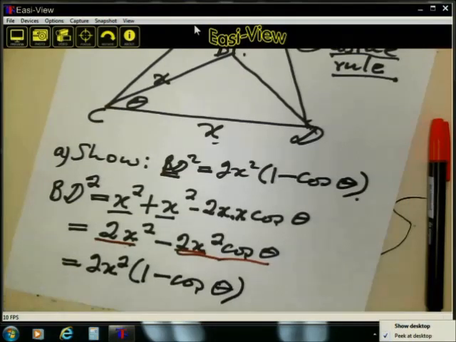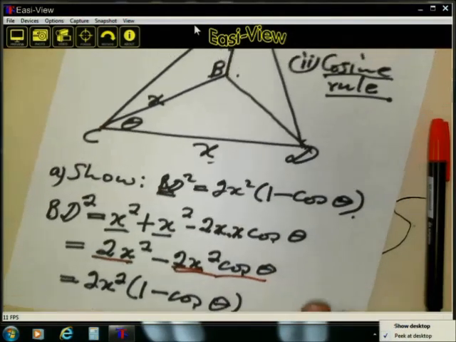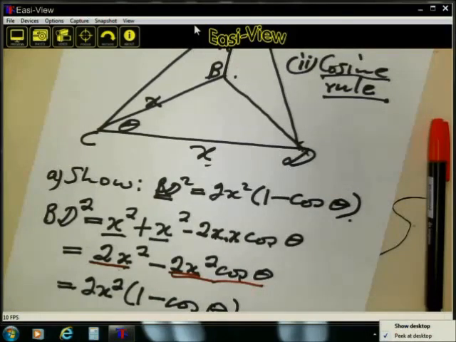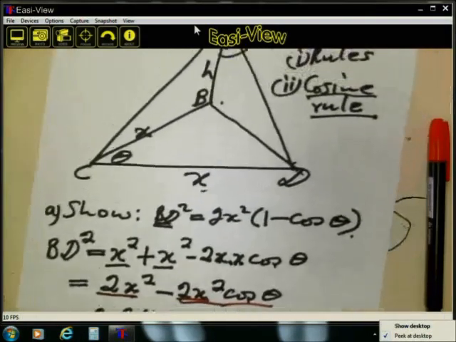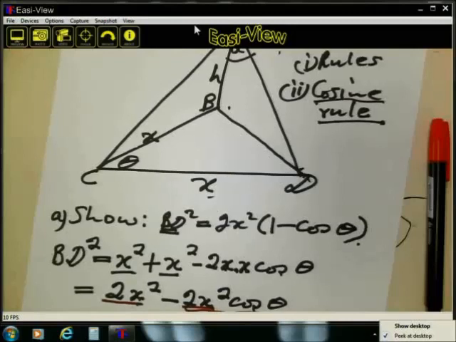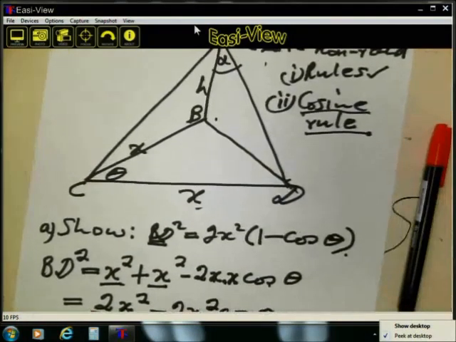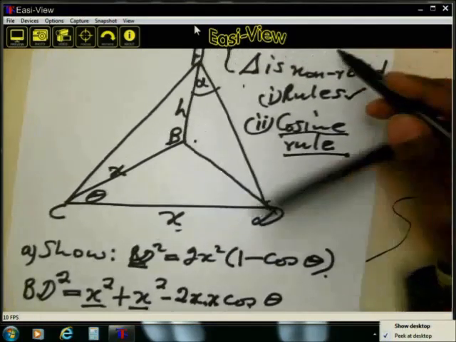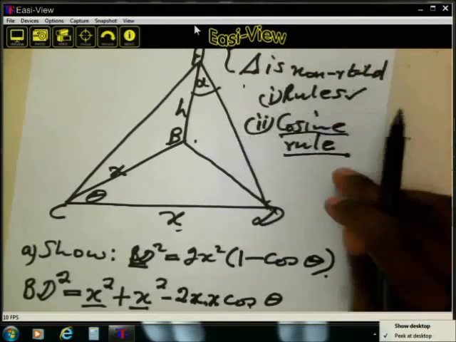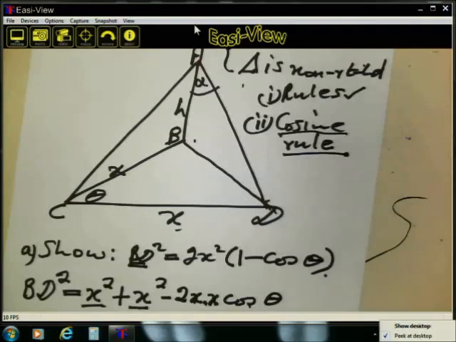It might have looked formidable to you. It might have looked completely difficult. But like I said, if the triangle is non-right angled, first of all we use the rules. And normally we use the sine rule. But if you have a square or a square root, then you know that you must use the cosine rule.